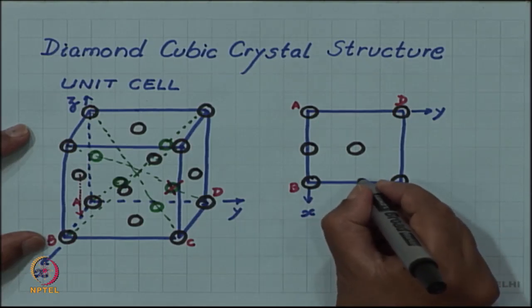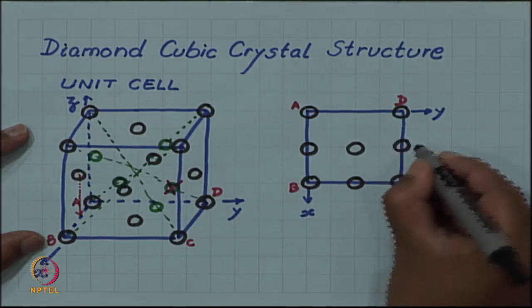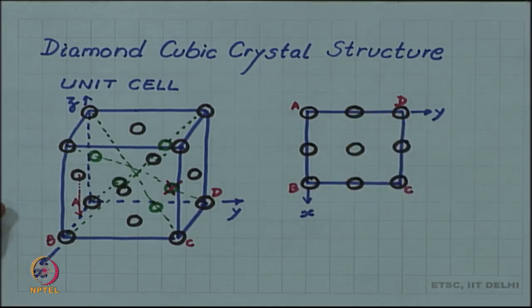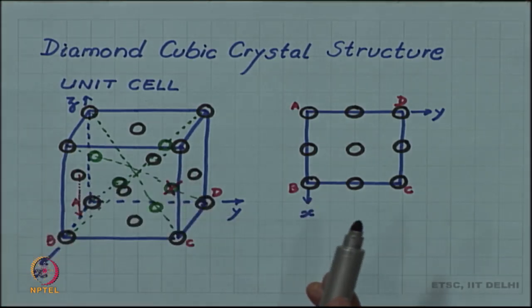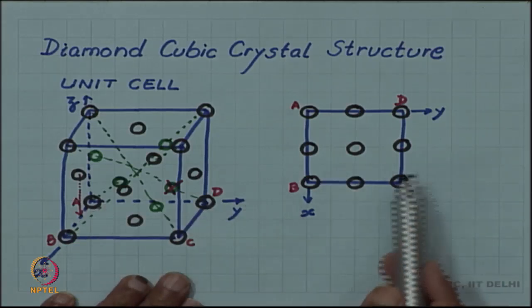Similarly, the front face center will get projected in the middle of this edge, the right face center will get projected there, and the back face center will get projected there. So, we have projected all the vertical face centers, and we already have the atoms on the base plane.